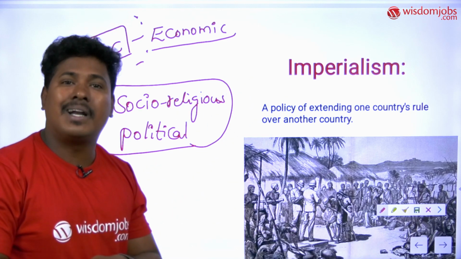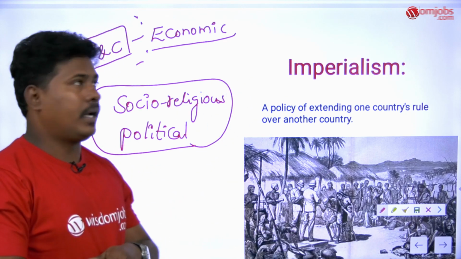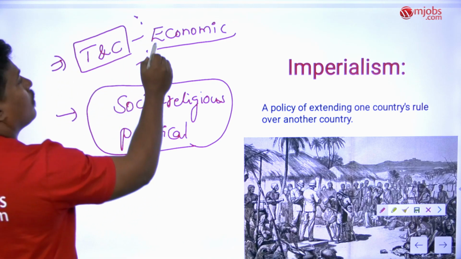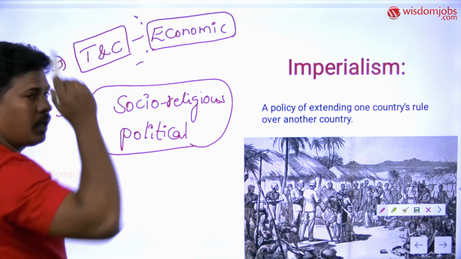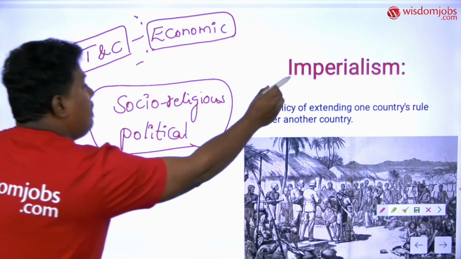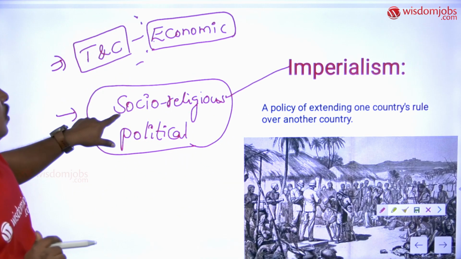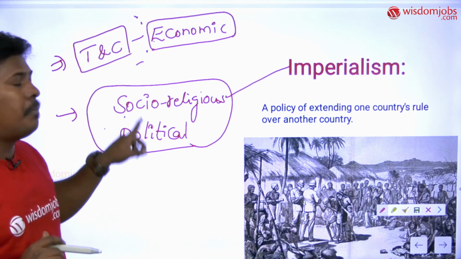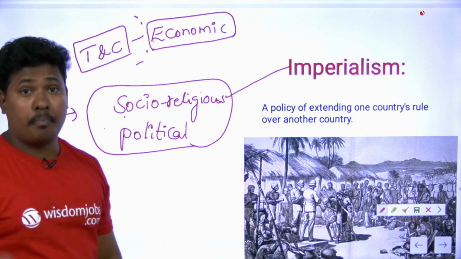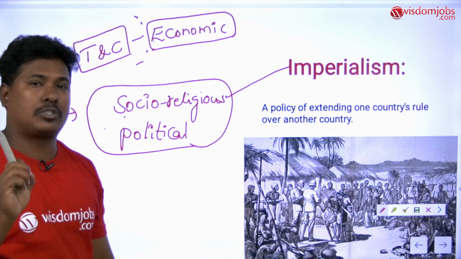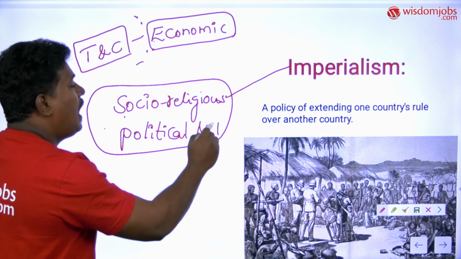So colonialism is associated with the economic aspect, while imperialism includes economic, socio-religious, political and territorial aspects.